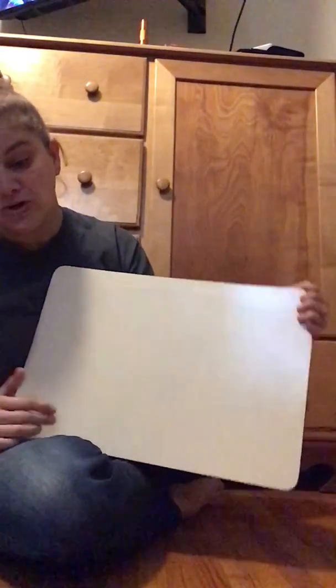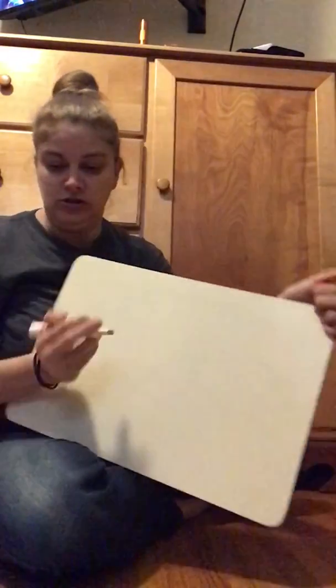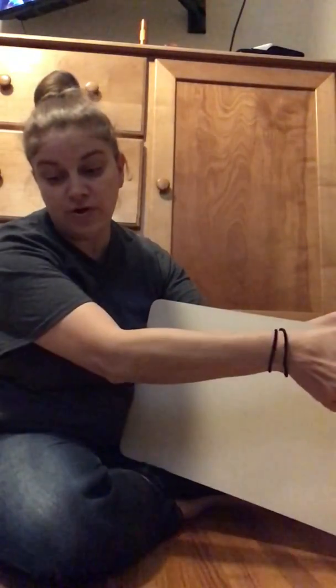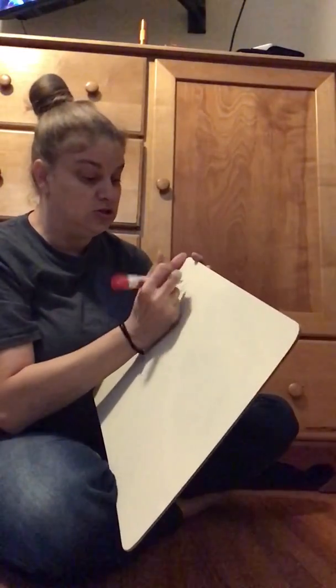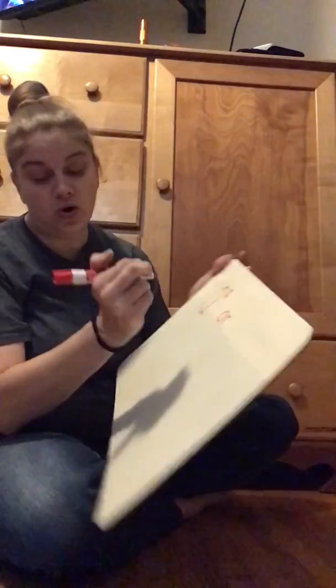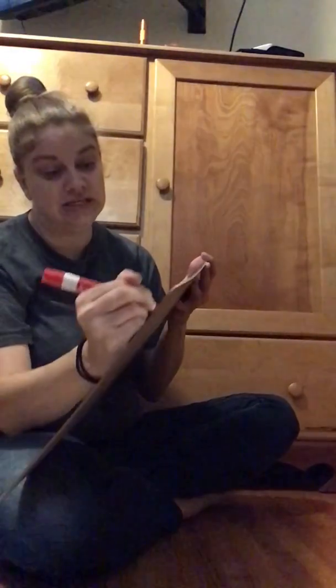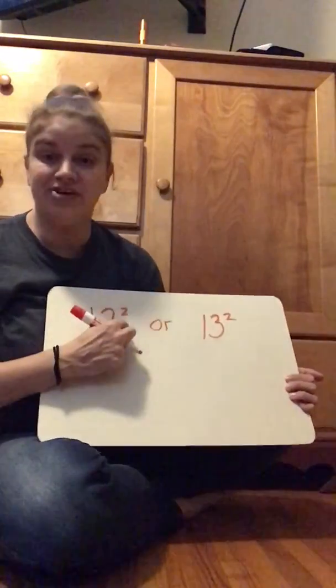So for number 2, it says for each pair of numbers, circle the number that is greater. So we have 12 to the power of 2 or 13 to the power of 2. So remember, this does not mean 12 times 2.